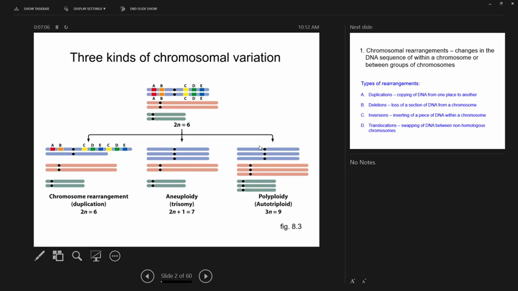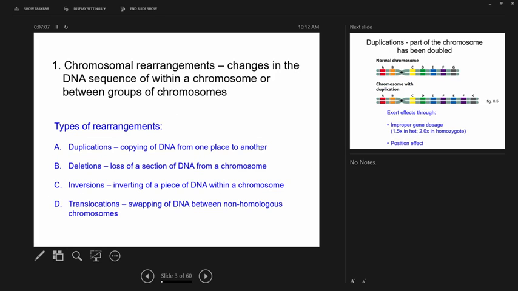So let's talk about chromosome rearrangements first. You can think of your word processor, I guess, except for these 2 at the bottom. Duplications is where you copy and paste. So compared to the normal chromosome, the mutated or rearranged chromosome is going to have all the same sequence but then some extra.